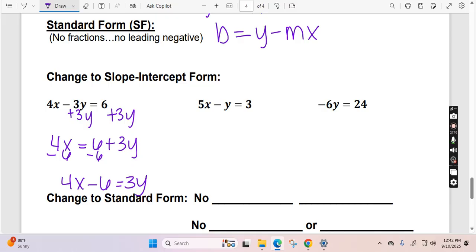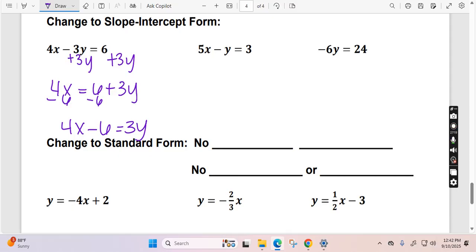Yes, so I'm not done. y has to be completely by itself. So we're going to divide everything by 3. What are you left with? y equals 4 over 3x minus 2.